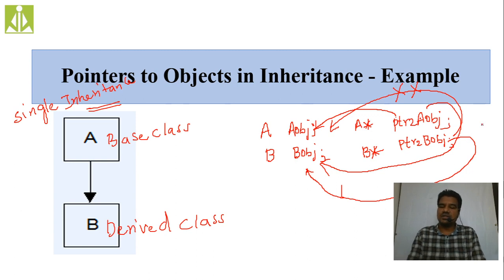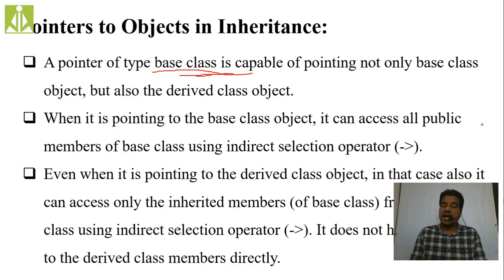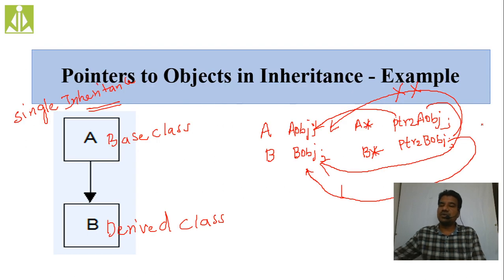This concept we are about to discuss, and in every case whenever we use a pointer to an object, we have to use the arrow operator, that we already know.